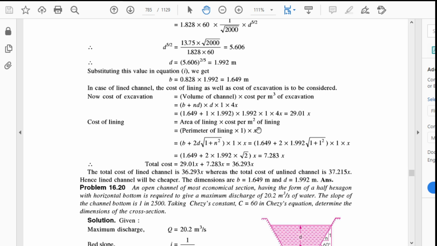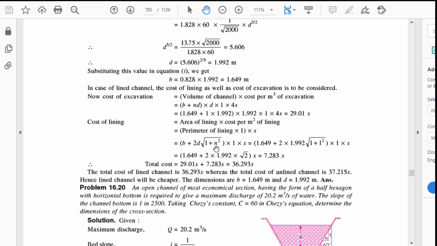As we did for the volume, we take 1 meter length for calculating the area also. Area is perimeter into 1 meter length, into the cost per meter square of lining, which is considered as x.